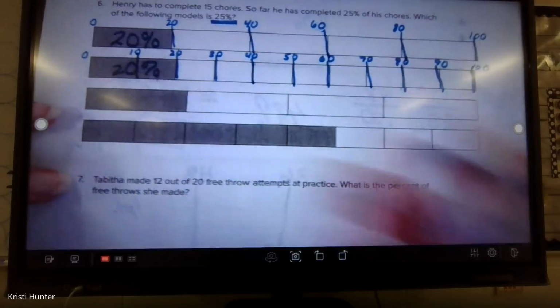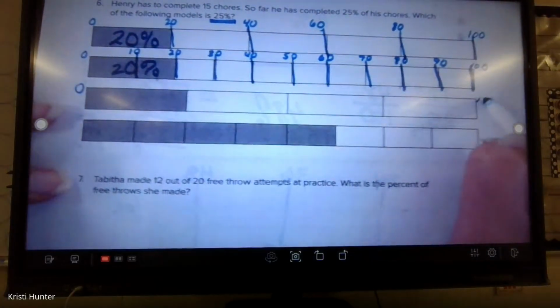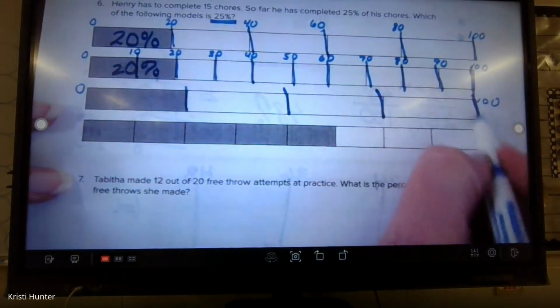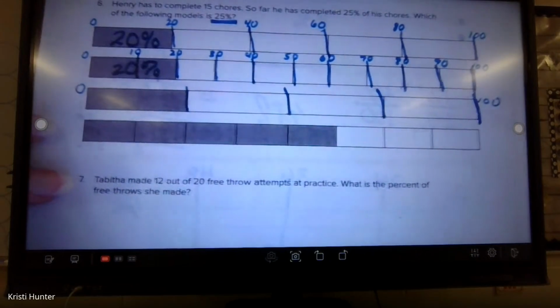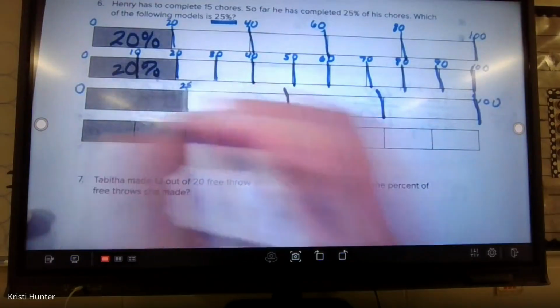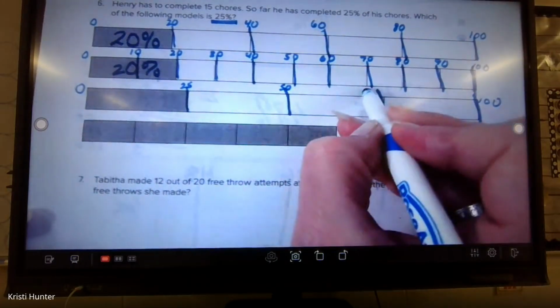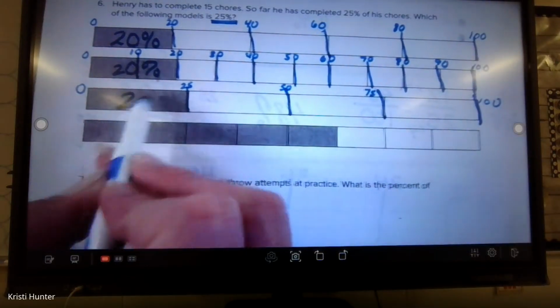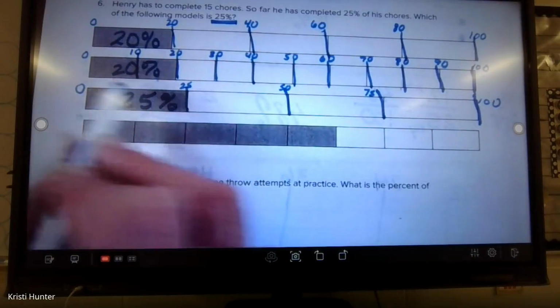This next one, 0 to 100. And there are 1, 2, 3, 4 sections. 4 quarters gets me to 100. So I would have 25, 50, 75, 100. And this one section is shaded. I think I found my answer.